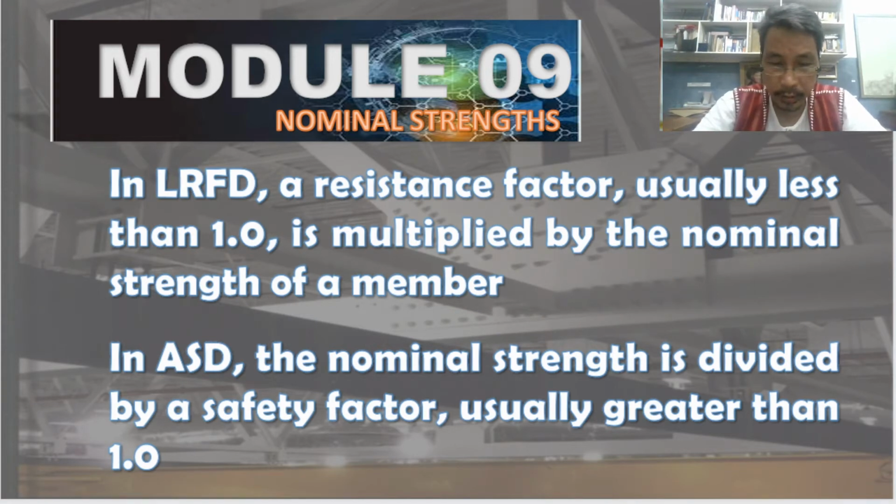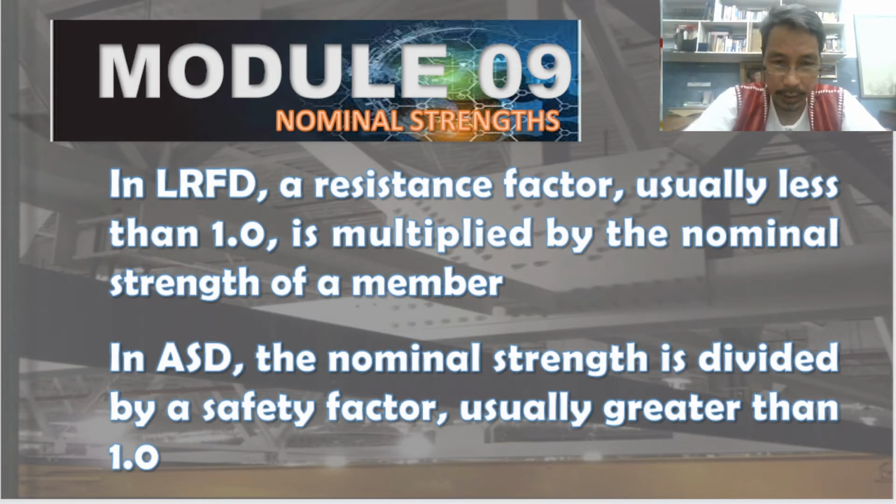And again, there are 2 specific approaches on this side. In LRFD, that is load and resistance factor design, a resistance factor usually less than 1.0 is applied to the nominal strength of a member.